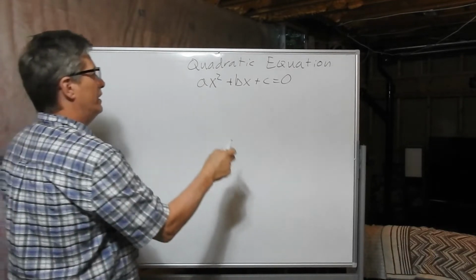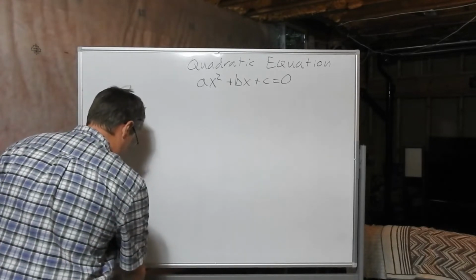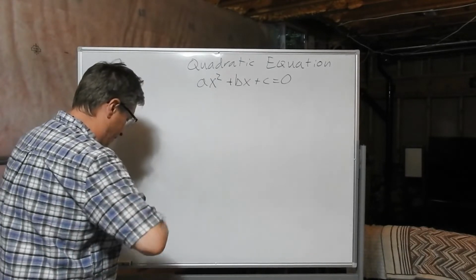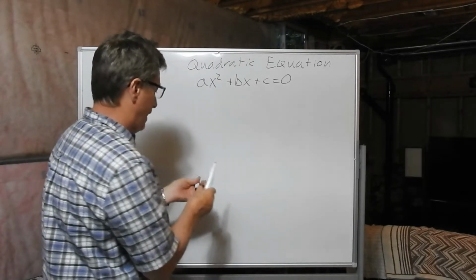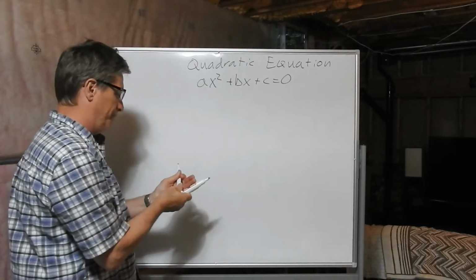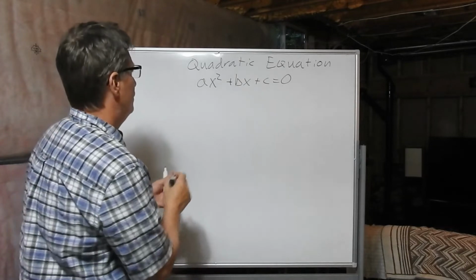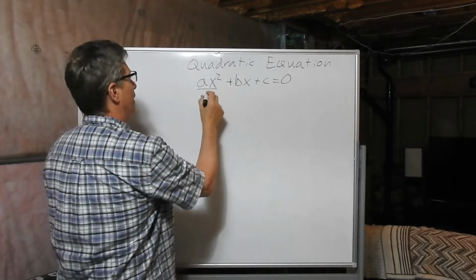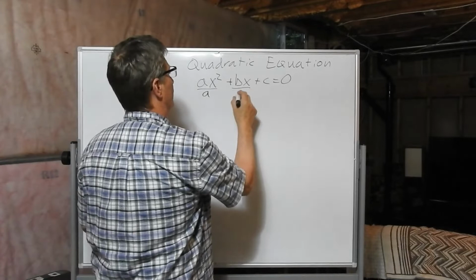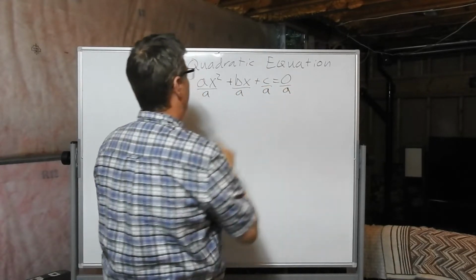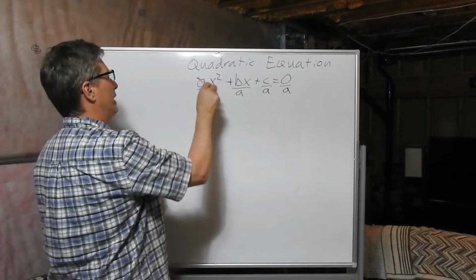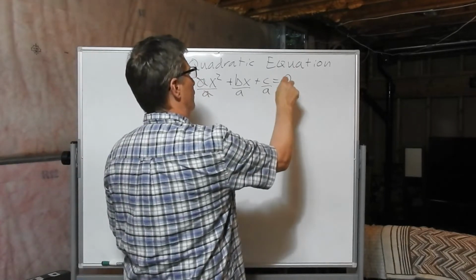The first thing you're going to want to do, with this kind of equation, is isolate your x squared term. So let's divide everything by a. You can see that that'll cancel out, and this will cancel out.